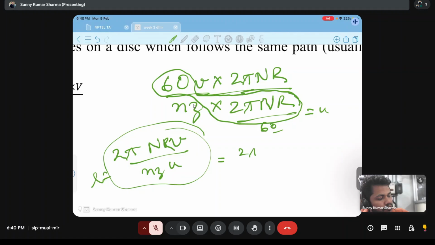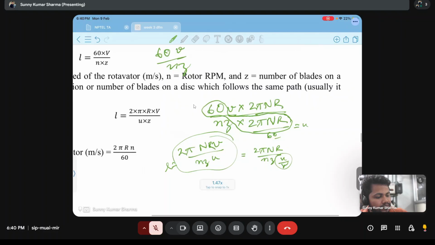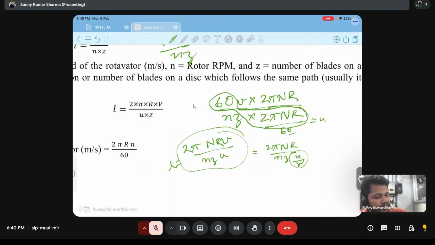Here you can see it is 2 pi N R by NZ, U by V ratio.